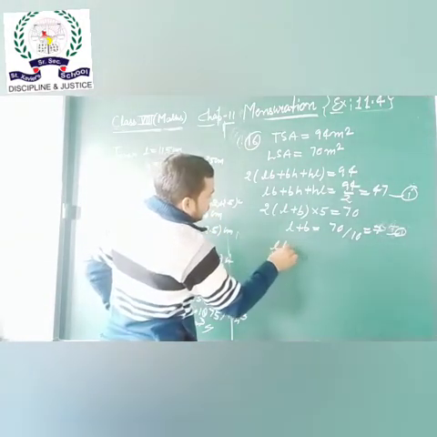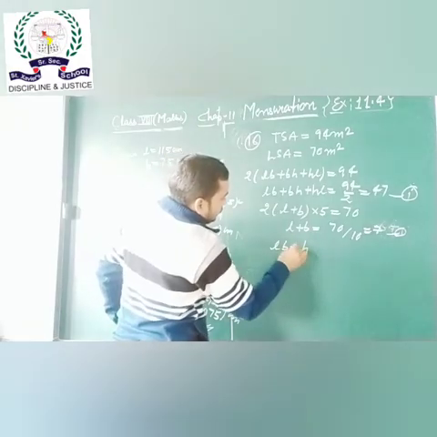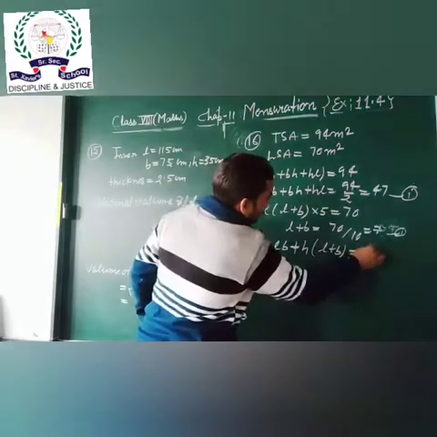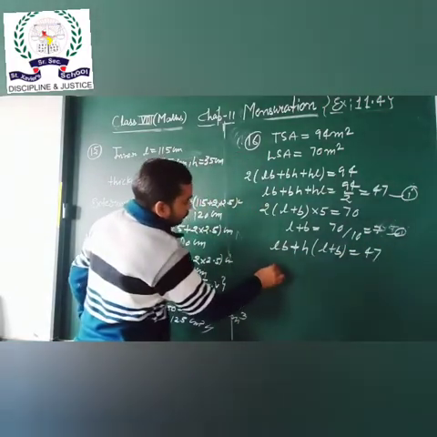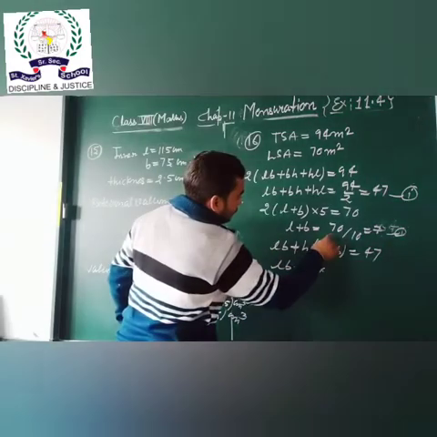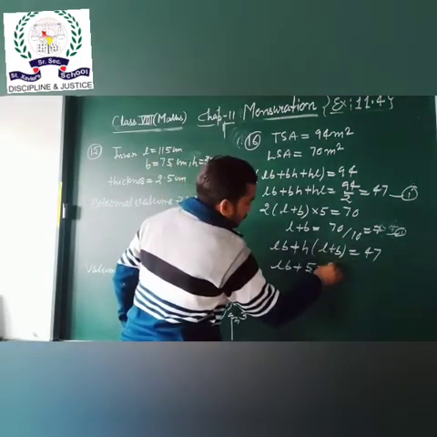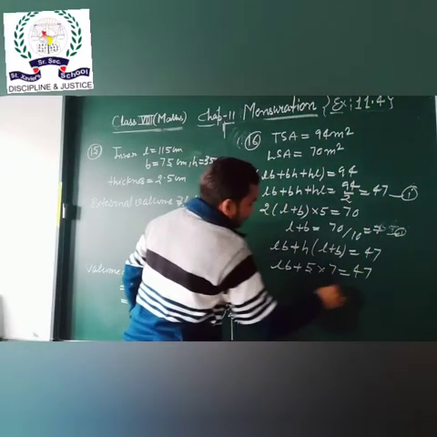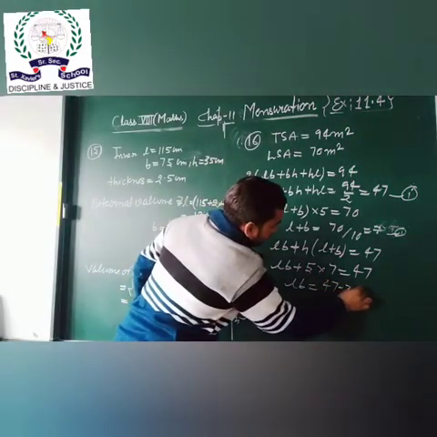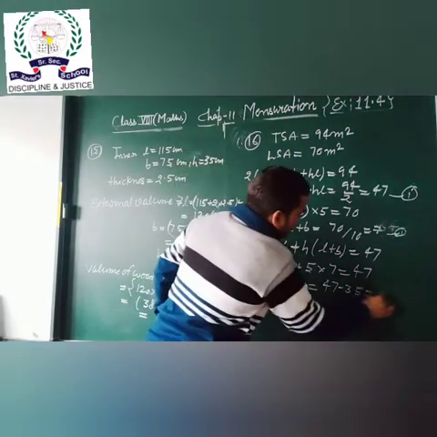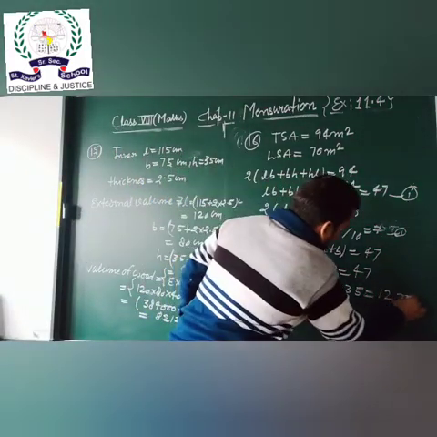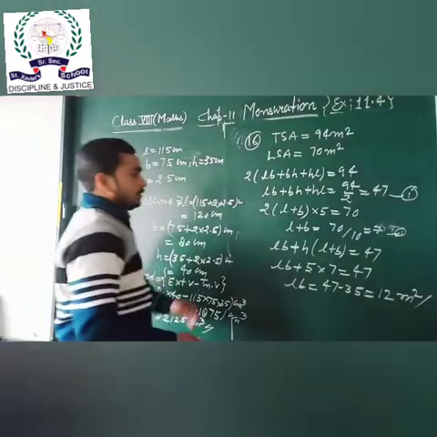So LB plus H into L plus B equals 47. LB plus H is given 5 and L plus B is 7, so LB plus 35 equals 47. So LB equals 47 minus 35. So LB equals 12. So area of base equals 12 meter square.